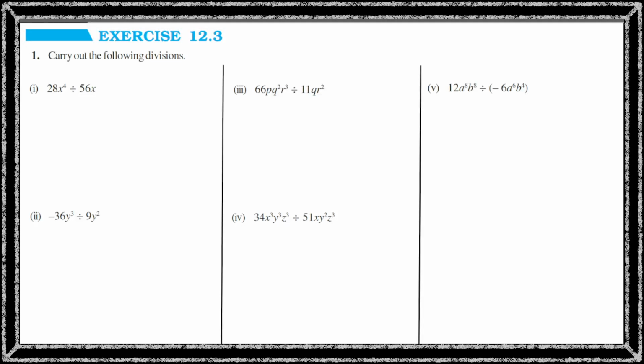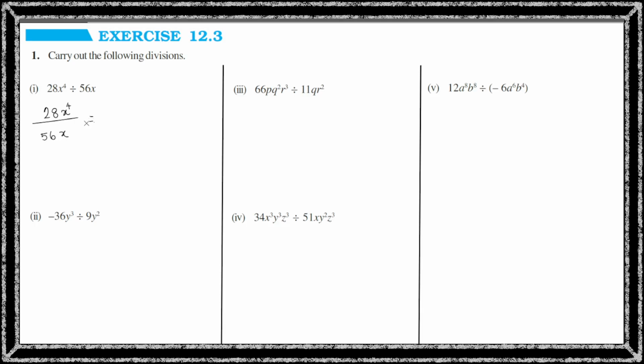So here in the first exercise, as you can see, we are given a monomial in both numerator and denominator. Since it is a monomial, there is nothing for me to factorize as such, right? I'm simply directly going to write down 28x power 4 by 56x, right?